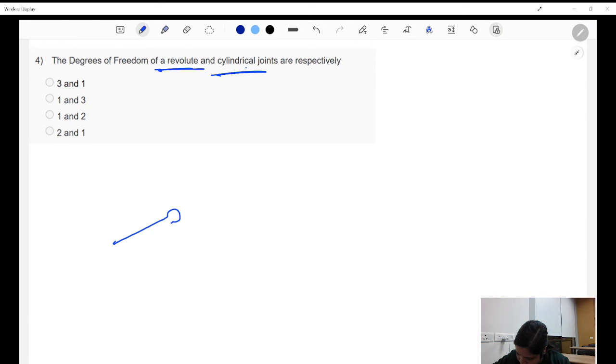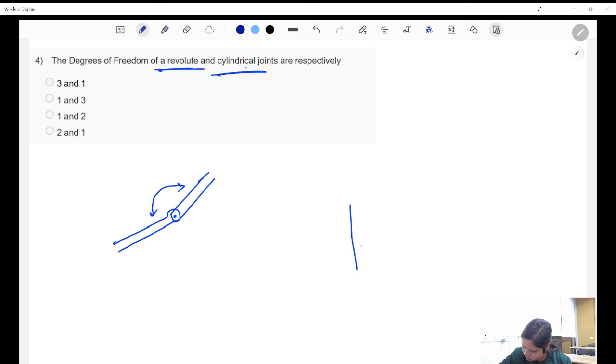Let's see. This is a revolute joint, right? It would move like this, around this. For cylindrical, what is the case? What is a cylindrical joint?